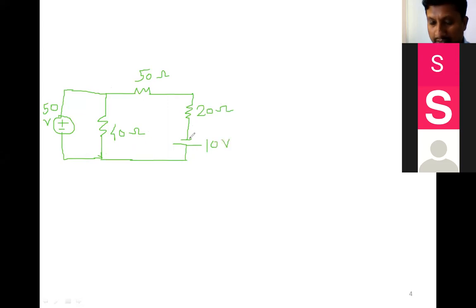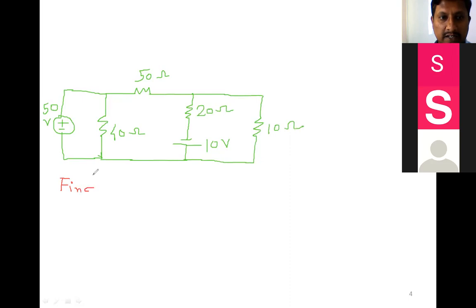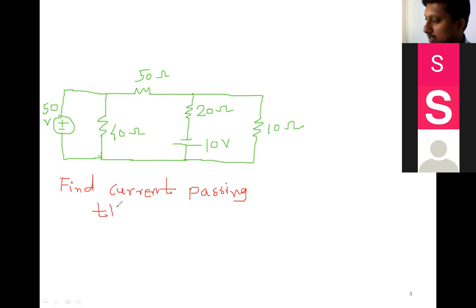The negative plate is at the upper side, positive plate is at the lower side. And this is the 10 ohm. Okay, this will be the circuit diagram. And the question is: find the current passing through the 10 ohm resistor.